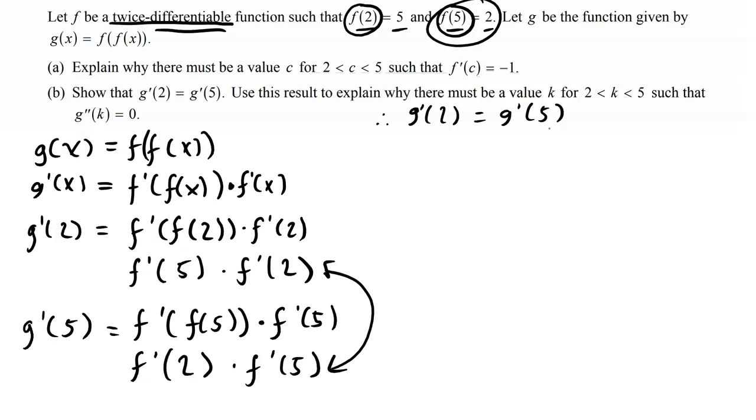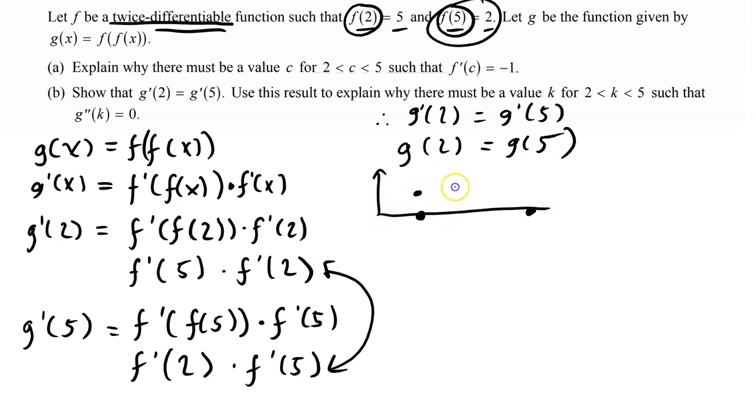Now use this to explain why there must be a value k in that interval such that g double prime of k is 0. This is another application of the mean value theorem. Think of g prime as just a new function, with values at 2 and 5. Say 2 is here and 5 is here, and this is the graph. Since the values are equal to each other, the average rate of change between these two points is 0.